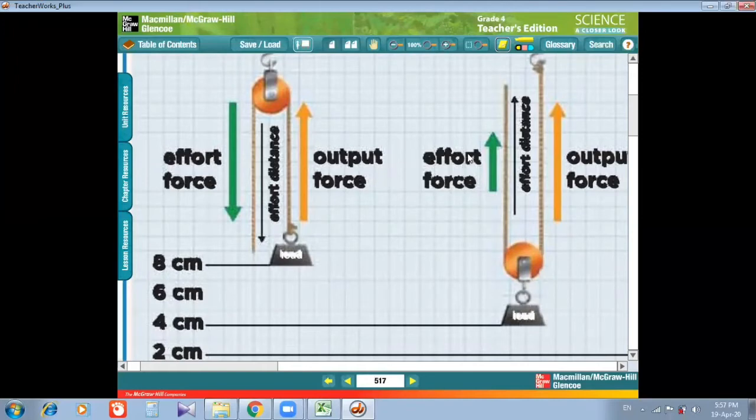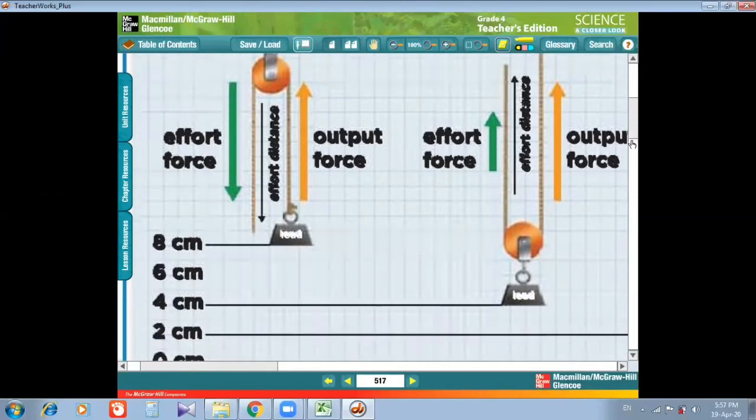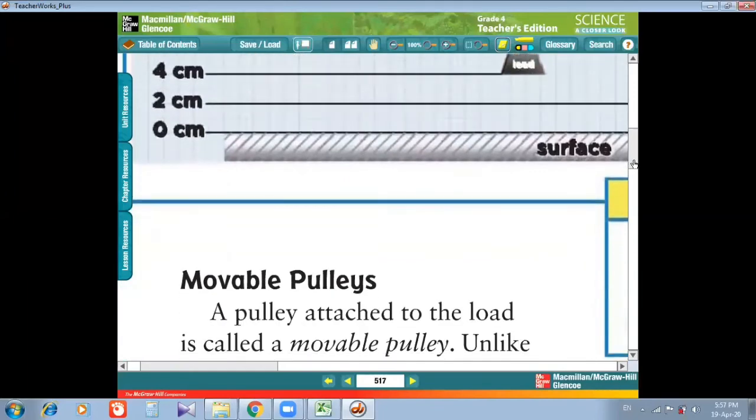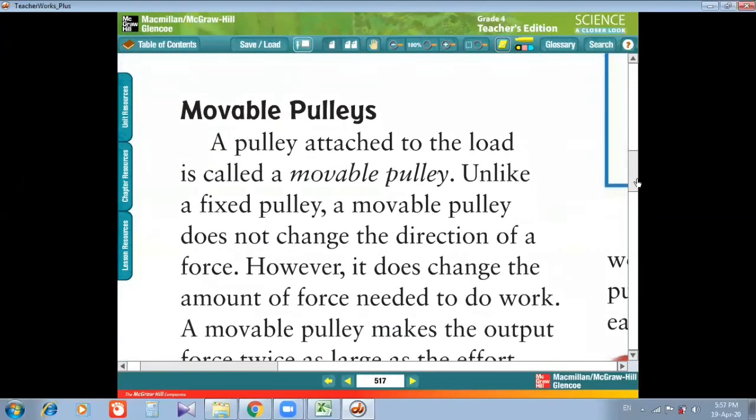In this one, the effort force and the output force will be in the same direction. The effort force is in the upward direction, and in this way the load will move up. So the output force will be in the upward direction.